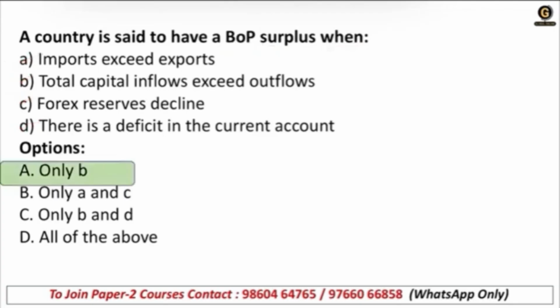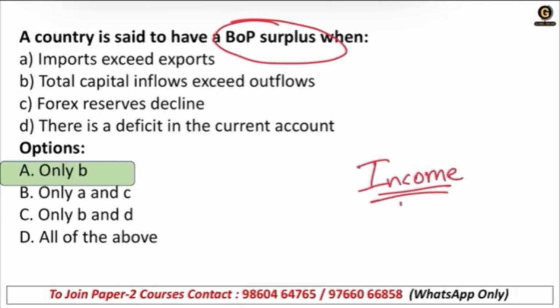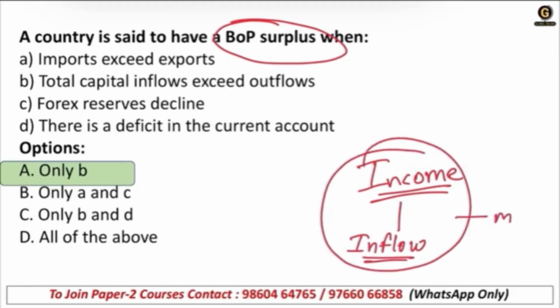So when total capital inflows exceed outflows, then we will call it a BOP surplus. Understanding? When your inflow is more than outflow, then we'll call it a BOP surplus.